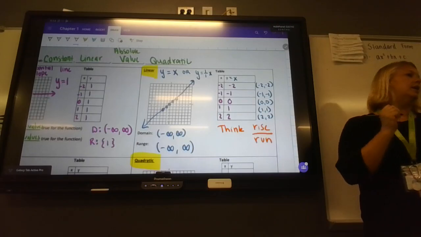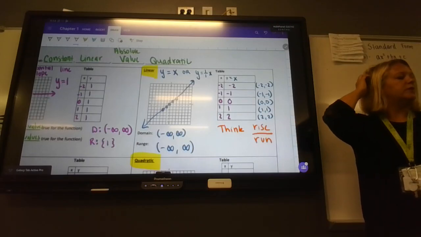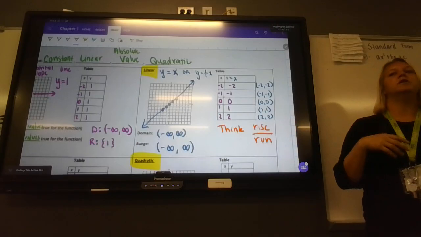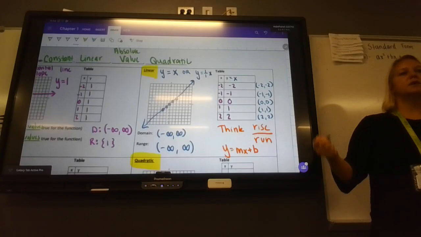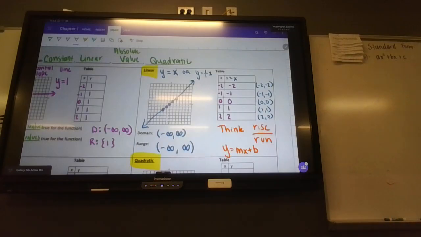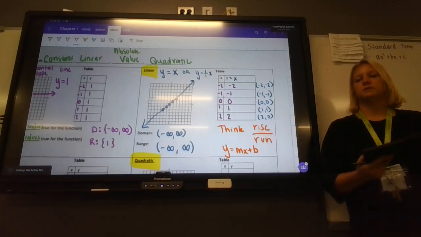There's a little reminder, like Desmond's been saying, we're thinking slope, rise over run. Or if you have extra room, y equals mx plus b, that's the linear function family. There's other forms of that, ax plus by equals c, but that's the one we like the best.